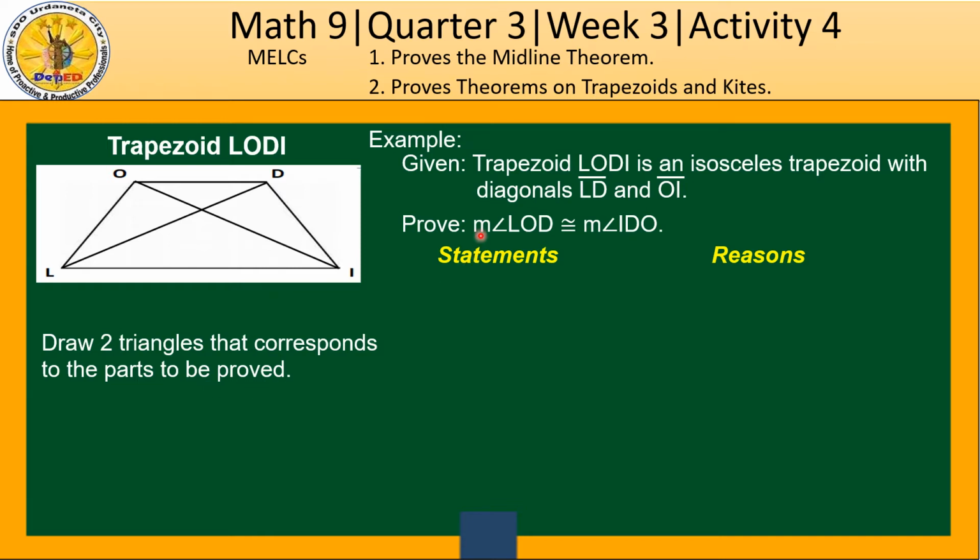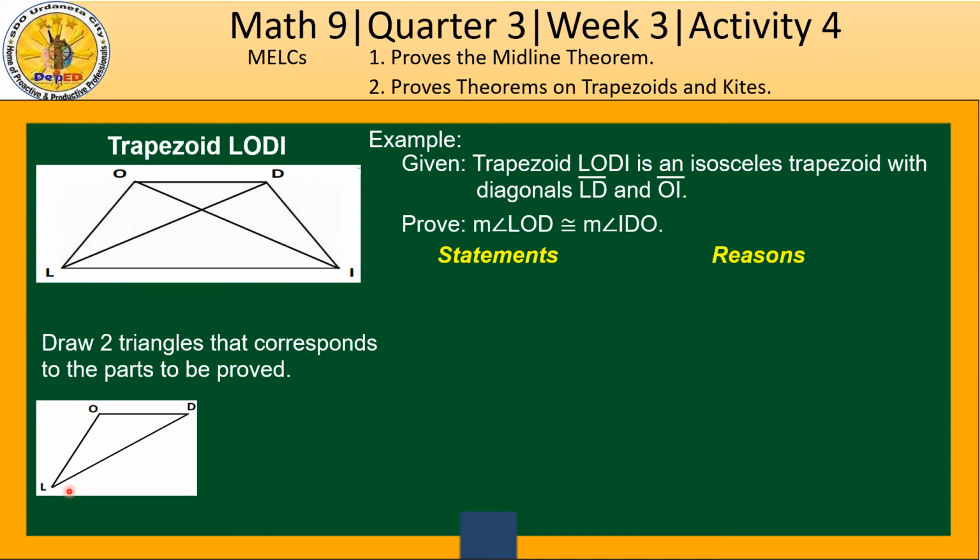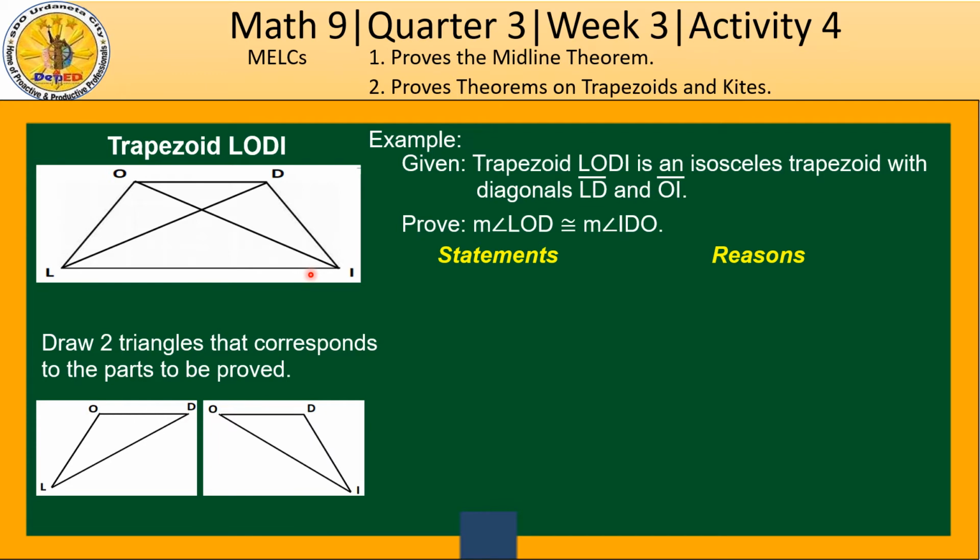We have here angle LOD and angle IDO. If we cut this part of the figure, this is triangle LOD, and the second triangle will be here. So we now have 2 triangles containing the parts to be proved.